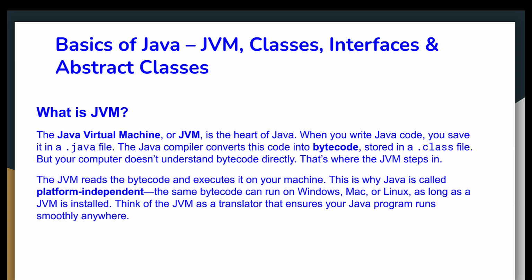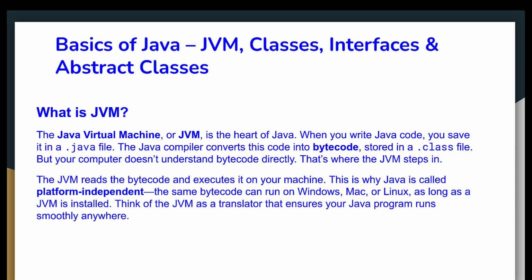So the computer doesn't understand your bytecode directly. So the JVM steps in and the JVM reads the bytecode. It executes it on your machine. This is why Java is called platform independent. So it can work well on your Windows machine.